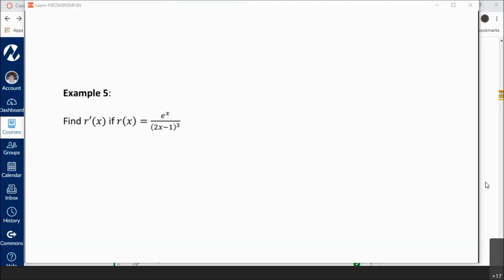Okay, for sure there's a composition in it, for sure. What's the high-level structure? Absolutely, it's got a composition in it. But what about the e to the x upstairs? That's not a composition. Is it a product?